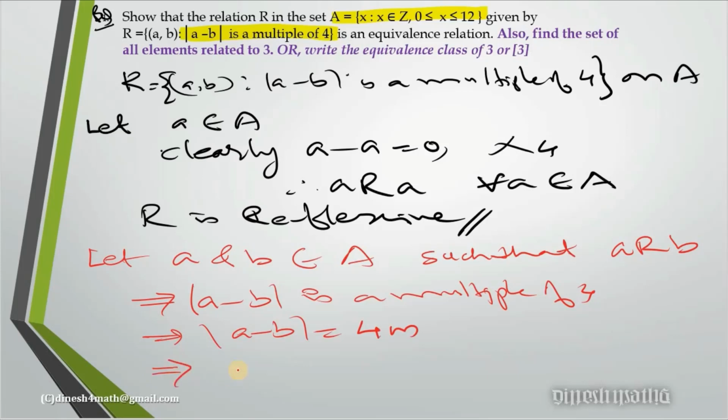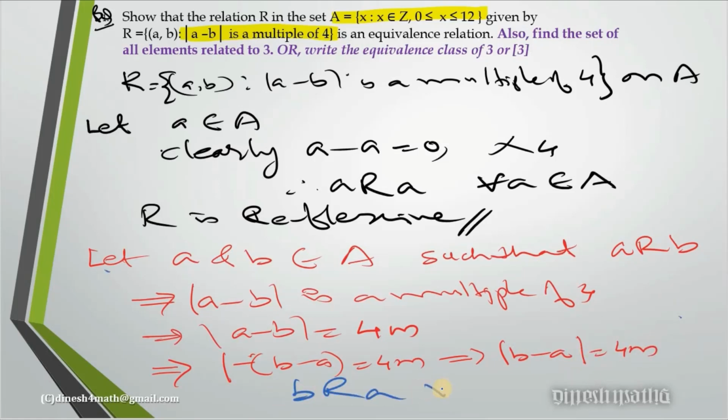So this will be the same as minus of (b minus a) equal to 4m, that implies magnitude of b minus a is equal to 4m. So b is related to a for every (a, b) in the given set A. So whenever a is related to b, b is also related to a.